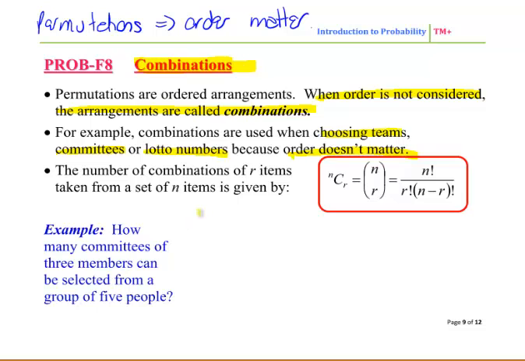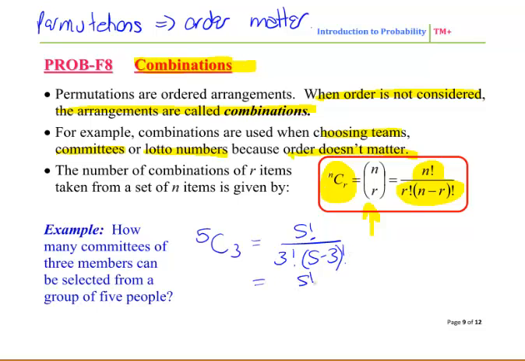The number of combinations is given by nCr, which you can also see written another way. It's n factorial over r factorial times (n minus r) factorial. Let's look at the example. How many committees of 3 members can be selected from a group of 5? So it's going to be 5C3. So 5 factorial over 3 factorial, (5 minus 3) factorial.